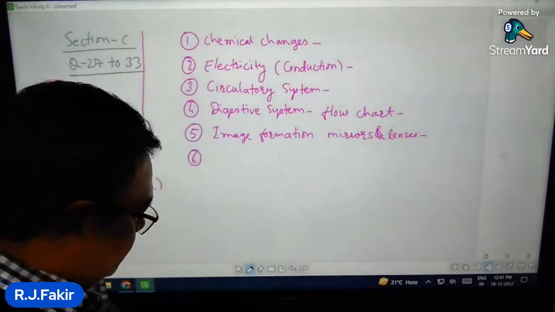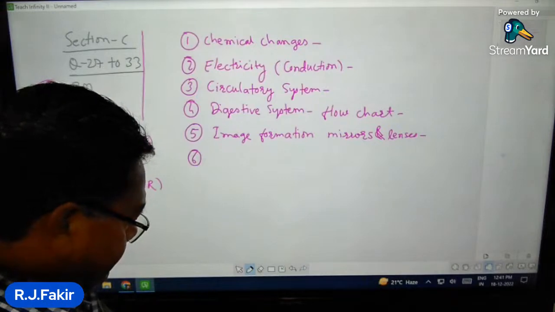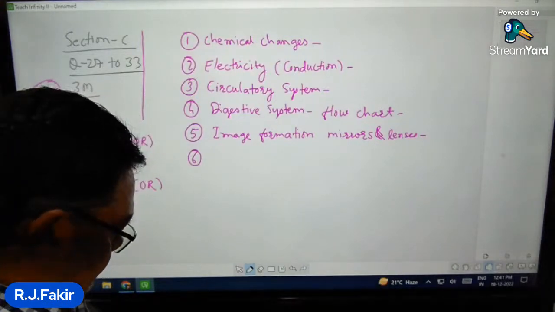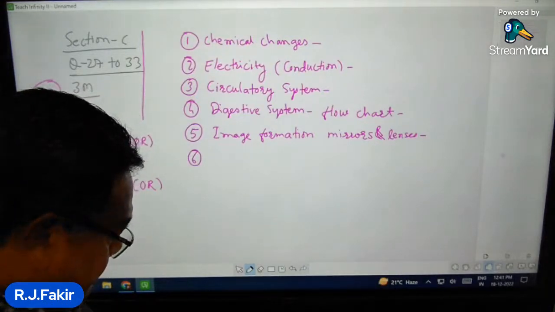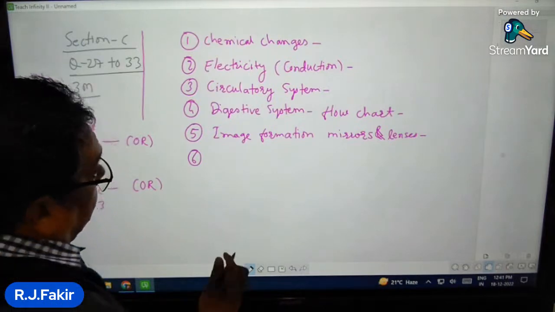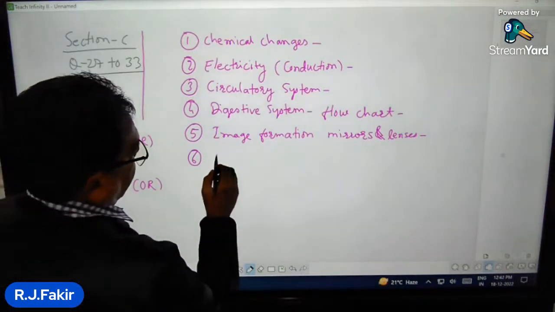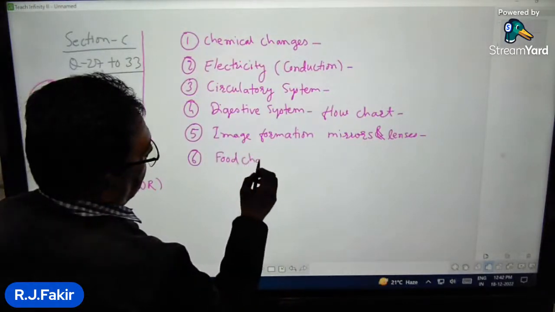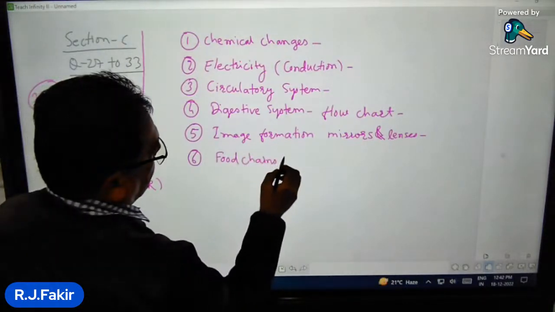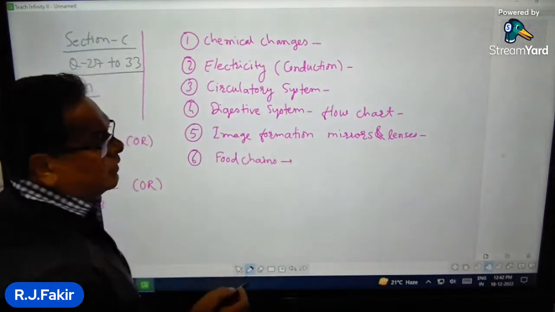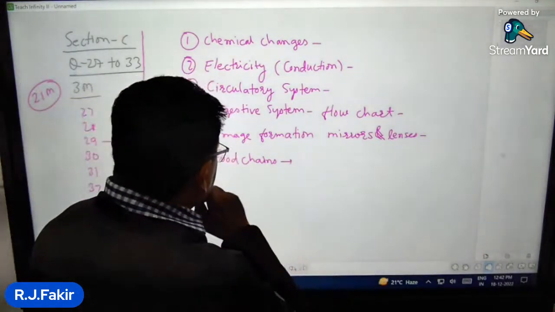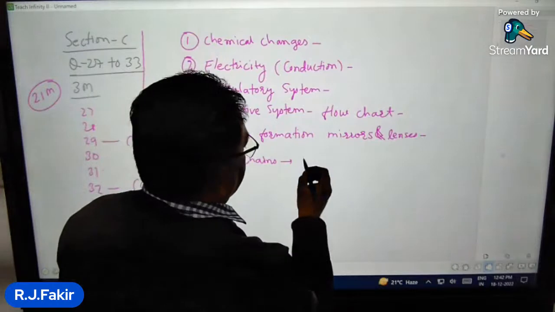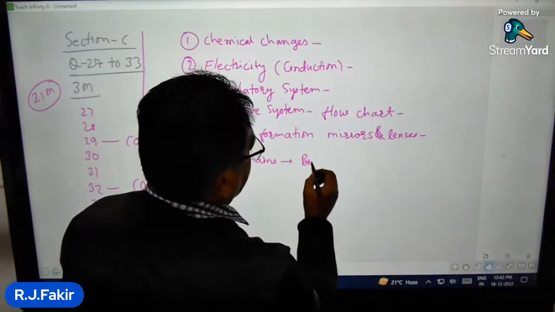Then another important topic will be something about food chains. Food chains, like the different trophic levels. One important term is there, that is biomagnification.